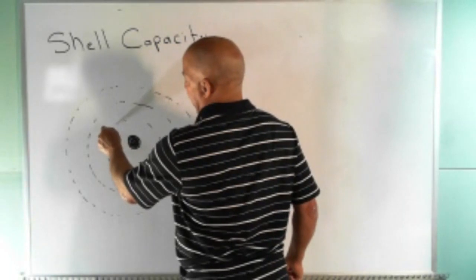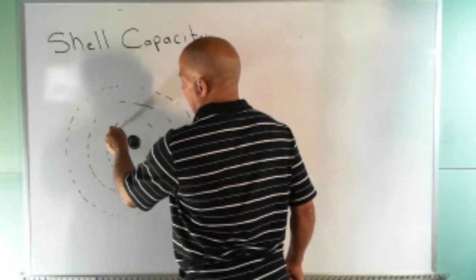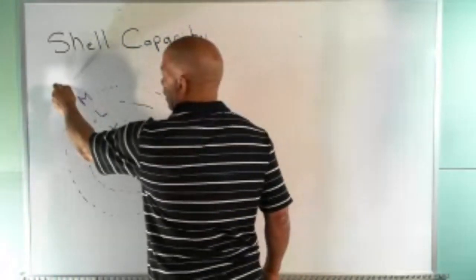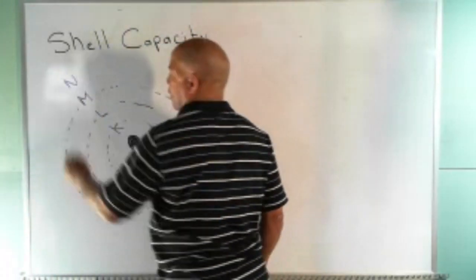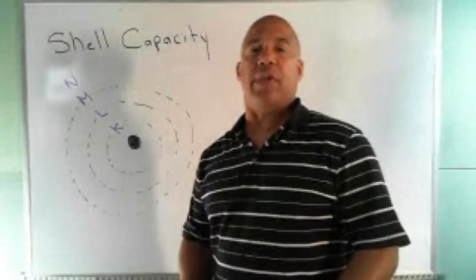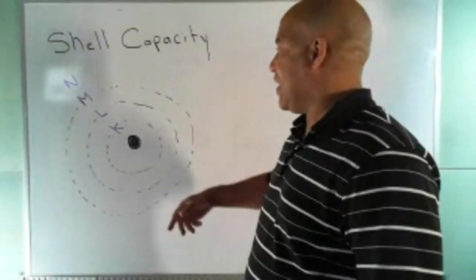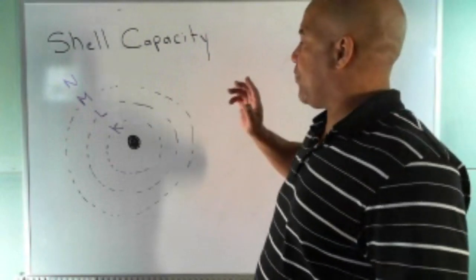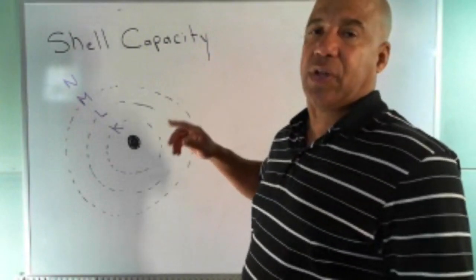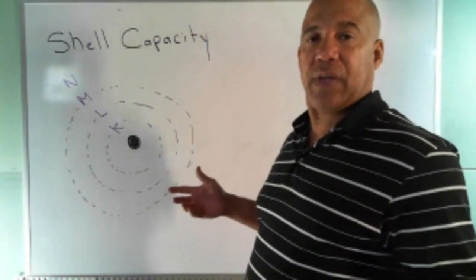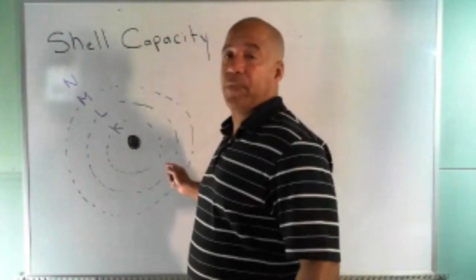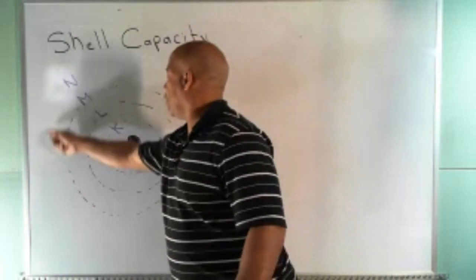This is K. This is L. This is M. If I had another one, this would be N. These are the standard letters we use to represent the shells. They just took some letters of the alphabet. I don't know why they started with K, but this enables us to reference a shell. I can say, look at the L shell, and you know to look at that circle. Or look at the N shell, and you know to look at the outer circle.